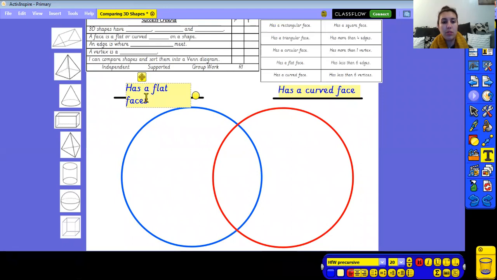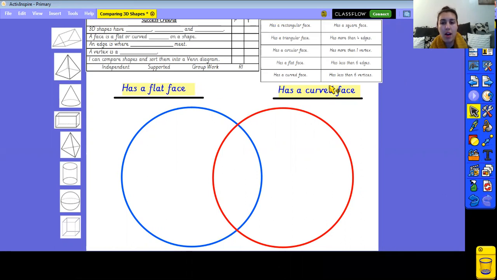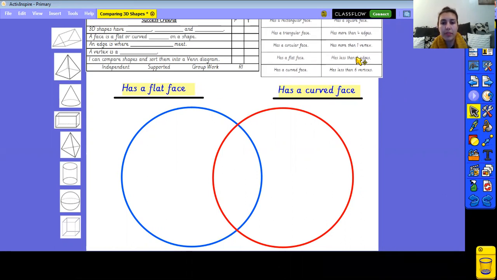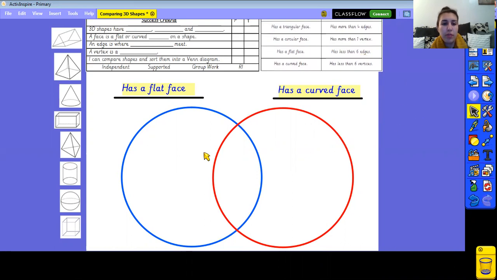But you can name yours whatever you like, as long as they relate to the properties of 3D shapes. Okay then, so let's go through them.